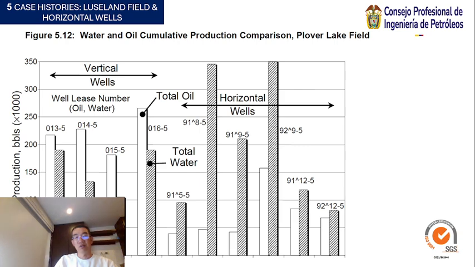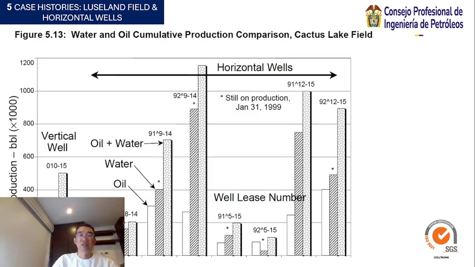The total oil production of the vertical well is better than the horizontal well. Figure 5.13, water and oil cumulative production comparison, Charlotte Lake field. In this field, the horizontal well's total oil production is better than the vertical well.